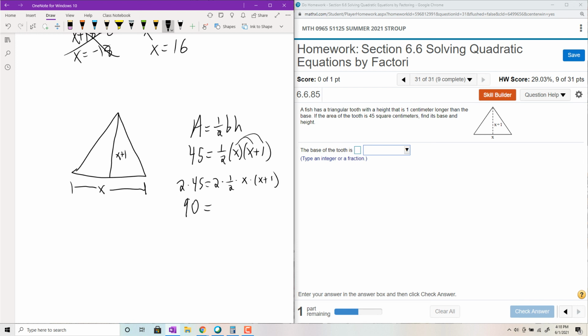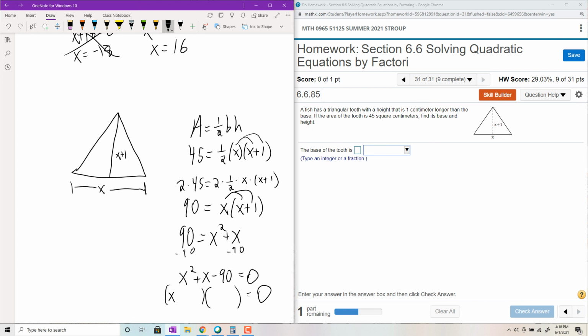On the right side, 2 times 1/2 is just 1, and then 1 times x is just x. And I'm going to distribute and set it equal to 0. Move the 90 to the other side, and I'm going to flip-flop sides real quick. And then hopefully factor.